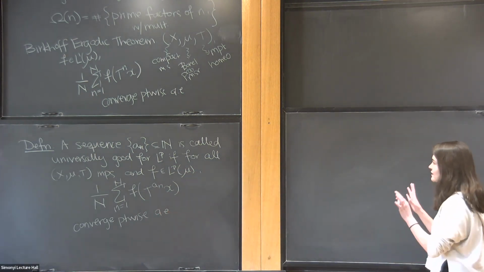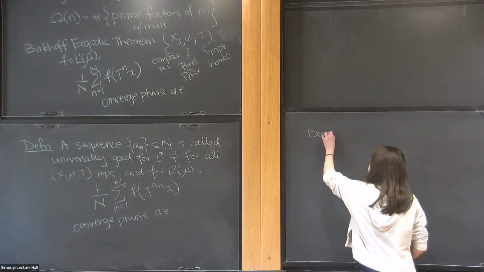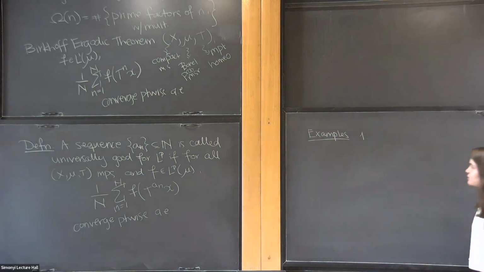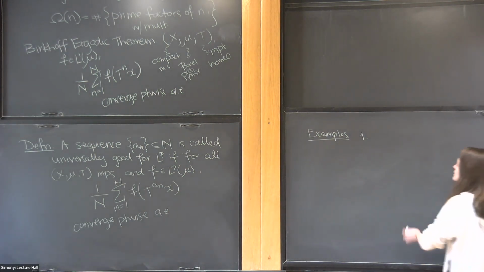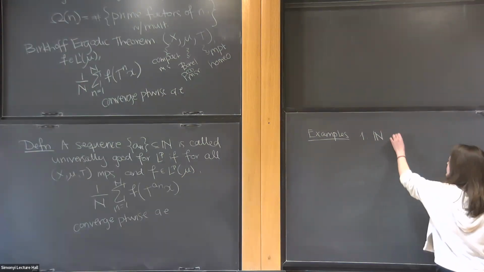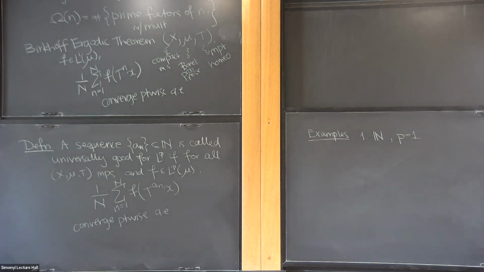All right, and so in this language, I'm going to do a few examples. What Birkhoff's ergodic theorem says is that the integers are good for L^p when p is equal to 1, and we can extend this to say it's good for L^p for any p greater than or equal to 1.